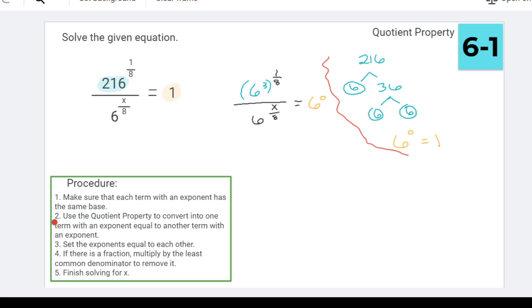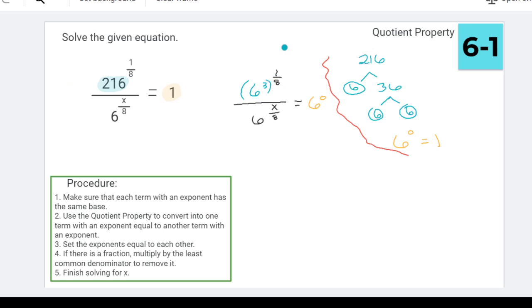So now step 2. It says, use the quotient property to convert into one term with an exponent equal to another term with an exponent. Okay, so I need the left-hand side of this equation to have 6 to some power. I don't want a bunch of other stuff.